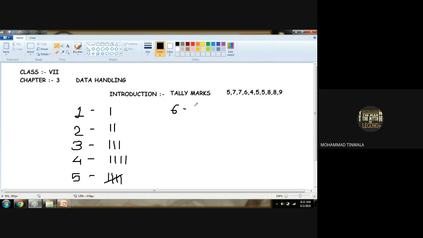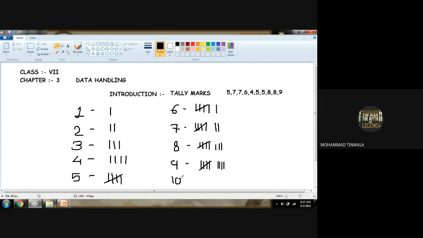Then 6: 1, 2, 3, 4, again 5 will be a diagonal one, then 6 will be next to it. 7 will be 1, 2, 3, 4, 5, then 6 and 7. 8 will be 1 to 8. 9 will be 1 to 9.